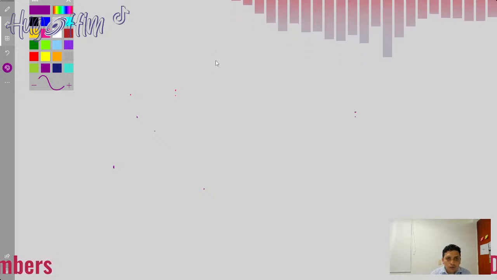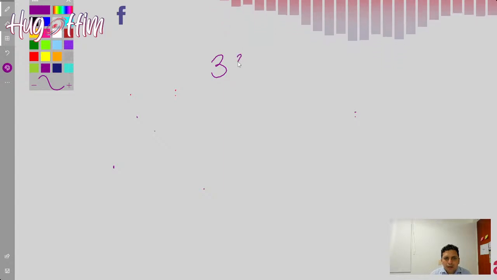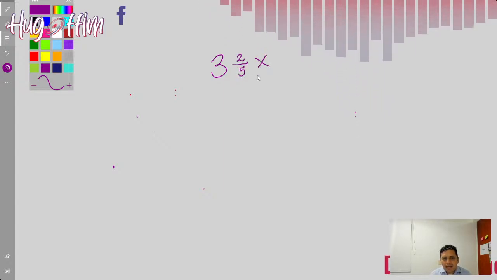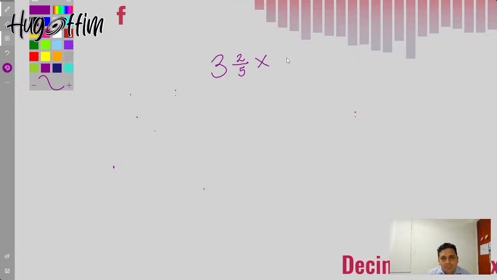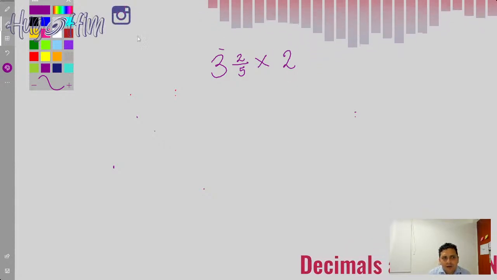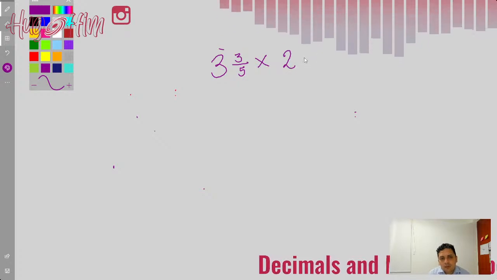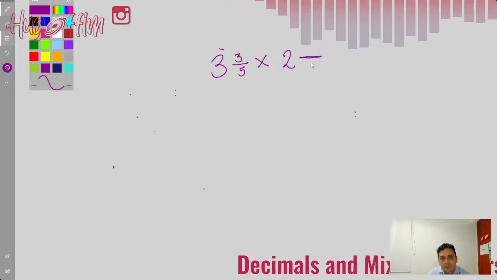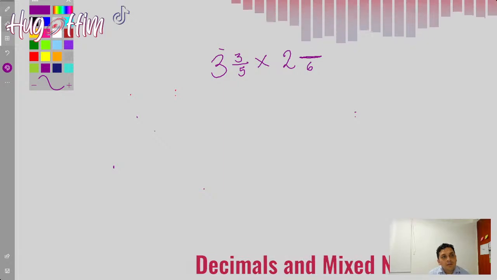So imagine that we have 3 wholes and 3/5, and I'm going to multiply it by 2 wholes and 1/2.